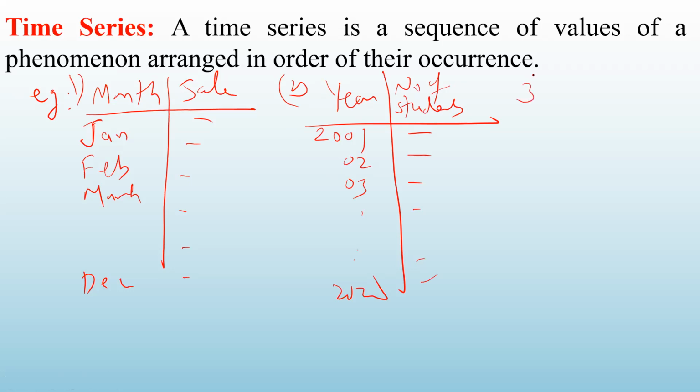You may have another example. Say daily price of a particular share of a company. So here the time will be day, every day, and here the share price.